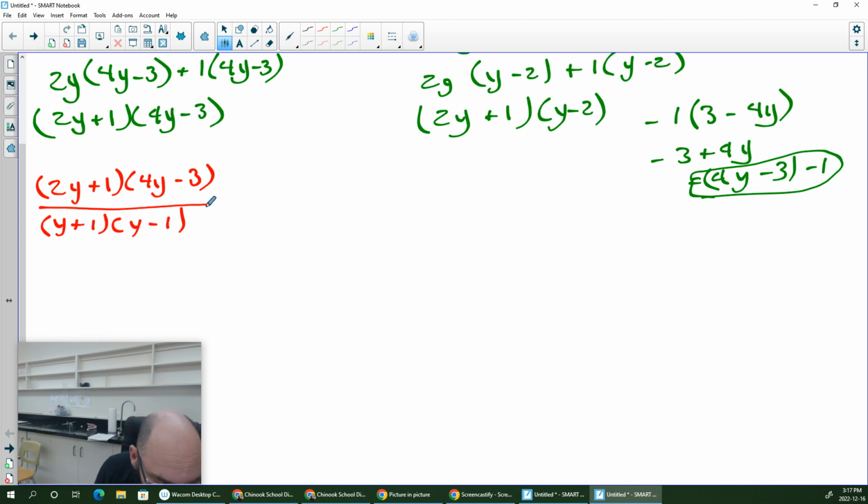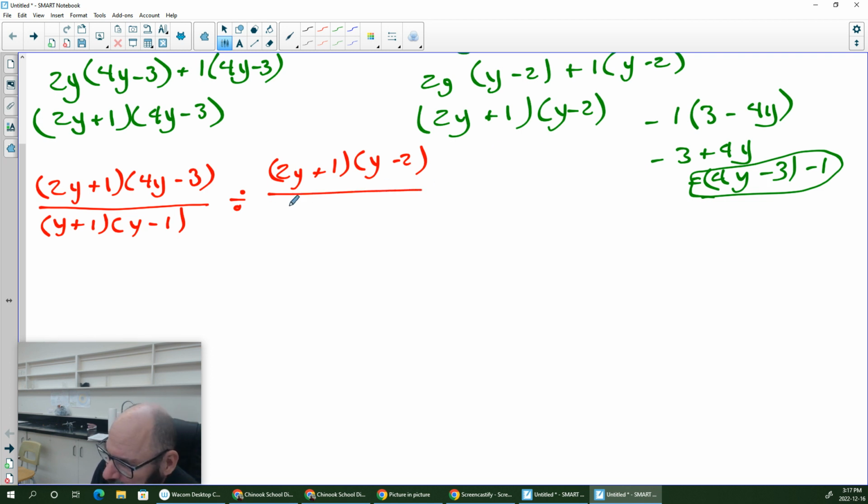Now I'm going to leave the divide by, and then I'm going to flip it after this. So I'm going to divide by, now I have to put this one, 2y plus 1 times y minus 2. Okay, that was that one. Then the bottom is 2y minus 2, so I can take a 2 out of that: 2 times y minus 1.